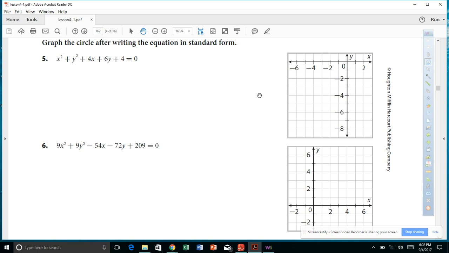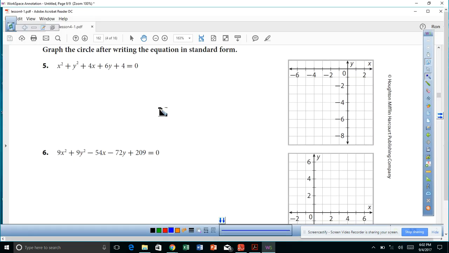All right. So I think first what we need to do is identify the x's. So we got x squared here and 4x there. So we're going to write this as x squared plus 4x. And then let's identify the y's. Plus, and then we got y squared and 6y. So that's going to give us y squared plus 6y.